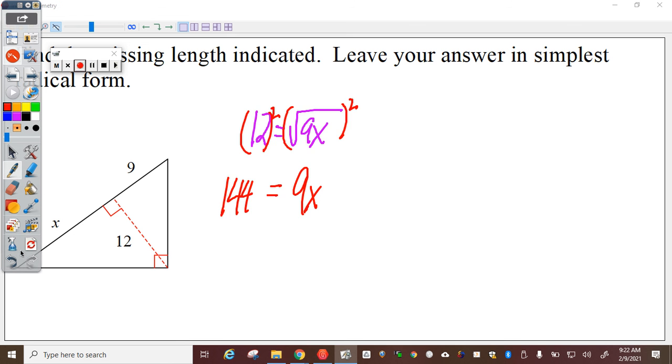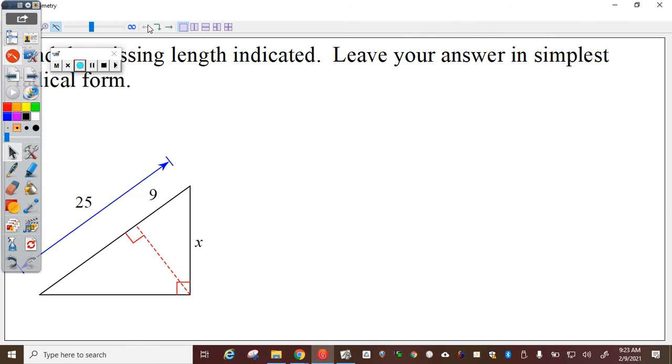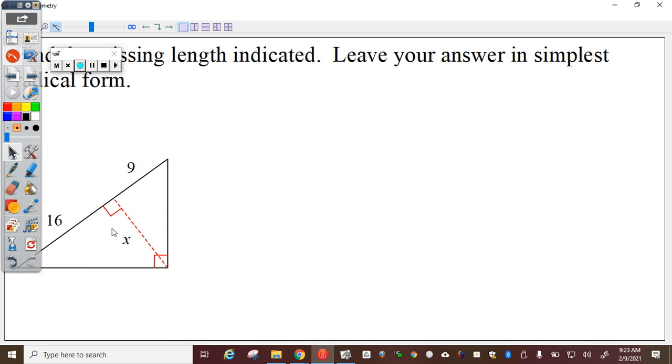So the rule was this altitude, just like over here, when we looked at this first one, we said that x was equal to the geometric mean of these two numbers, 9 and 16.